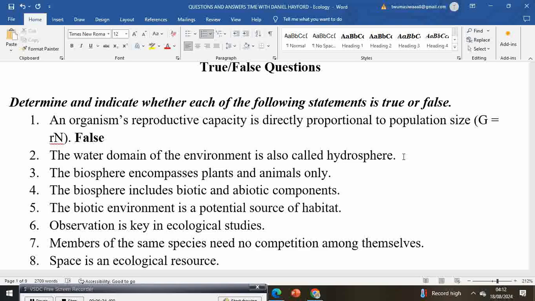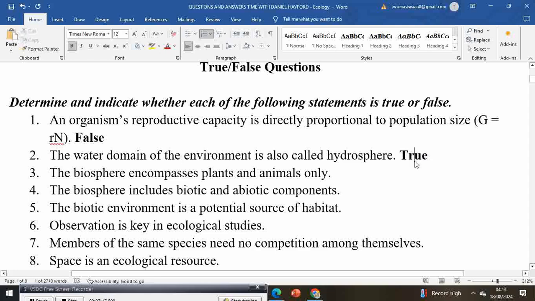Mine is that the statement is true. There are three major domains of the environment. They are gaseous, liquid, and solid. The gaseous is what we refer to as the atmosphere. The water, we refer to it as hydrosphere, and the solid, we refer to it as lithosphere.